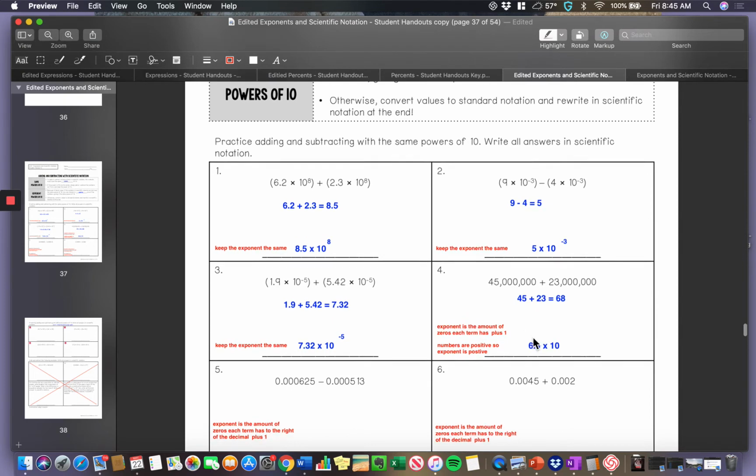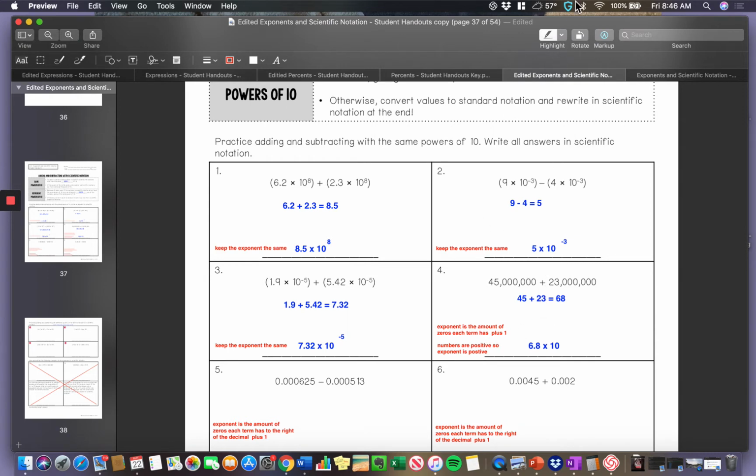So this one looks slightly different. So we had 45 million plus 23 million. So I took the first two numbers and added them together. Okay. So when I did that, I got 6.8. But notice that my decimal needs to come between the first and second numbers. So the exponent is the amount of zeros each term has.